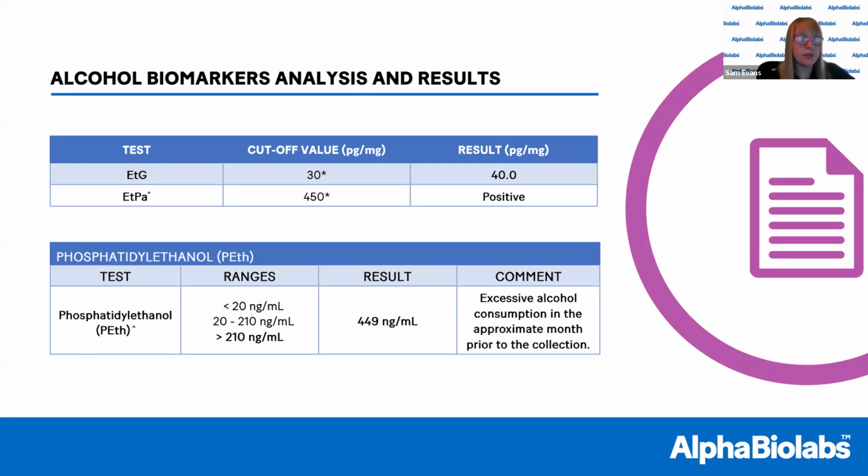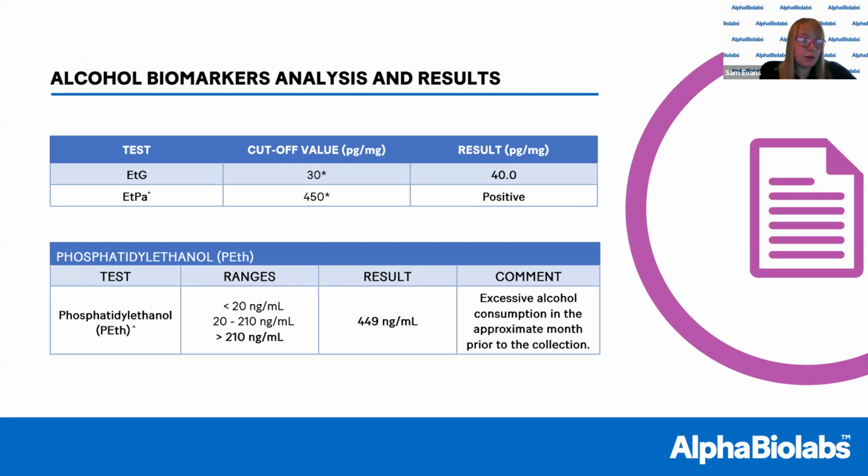So these are both above the Society of Hair Testing cutoffs for excessive consumption. PEth was also very high at 449 nanograms per milliliter, which is consistent with excessive drinking in the month prior to sample collection. So although ethyl palmitate, or ETPA, can be artificially elevated by alcohol-containing hair products like hairspray, ETG is unaffected by such products. So this confirms that there has been excessive consumption within the approximate time period investigated.